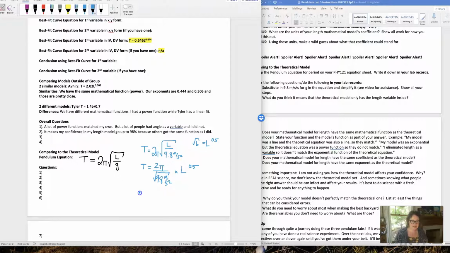So that simplifies to T equals 2.007 L to the 0.5.